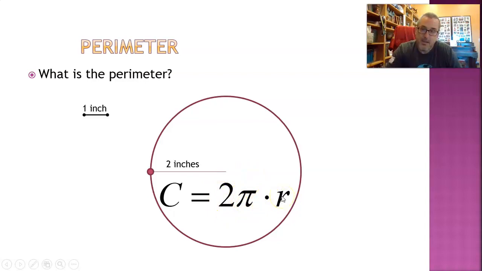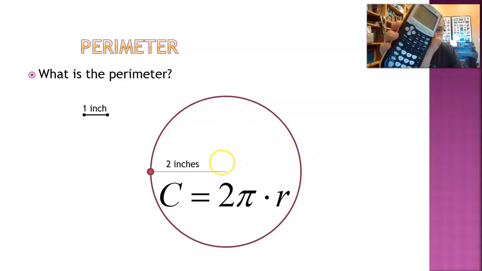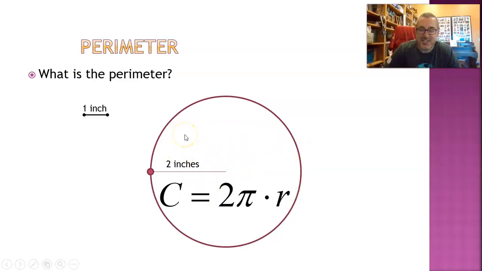Well, you could grab a calculator or your phone and just type in 6.28 times 2 inches. This circumference would be about 12.56 inches. Now, if the radius was something else, we would take 2 pi times whatever the radius was to get the circumference of this circle.